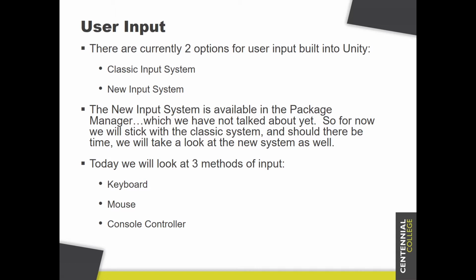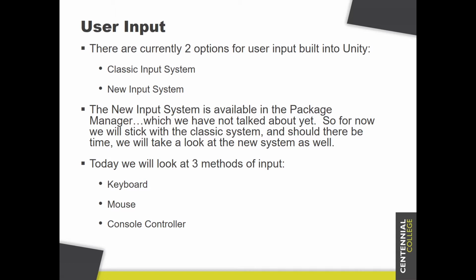The problem is that Unity has now updated their player input. There's the classic input system, which is what we're going to take a look at, and then there's the new input system. But the new input system is not directly available immediately upon opening up a brand new scene.